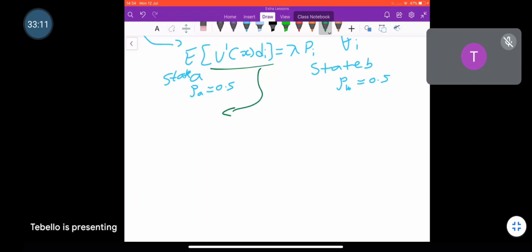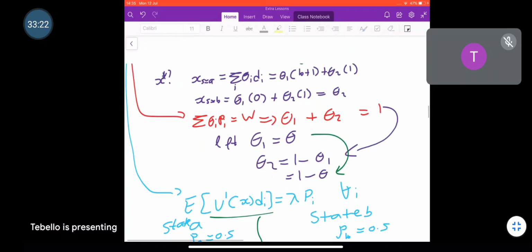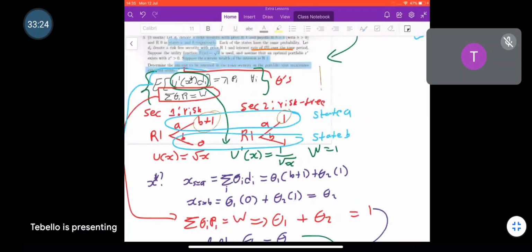So your utility function is going to be 1 over what? It's going to be 1 over the square root of x.